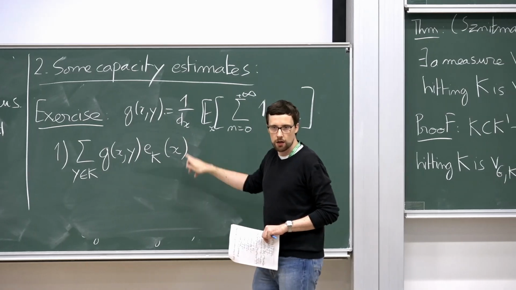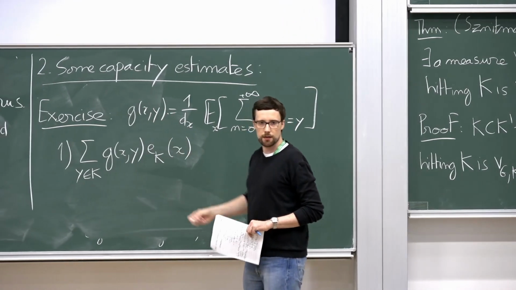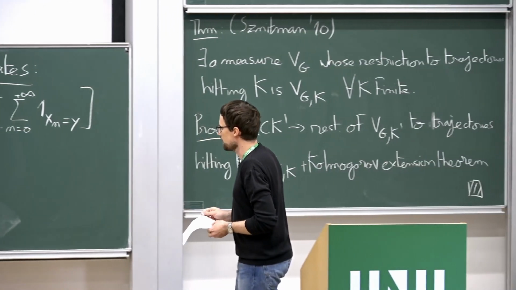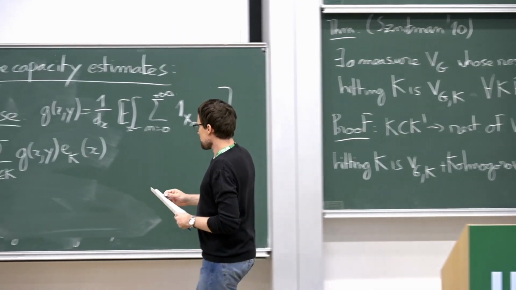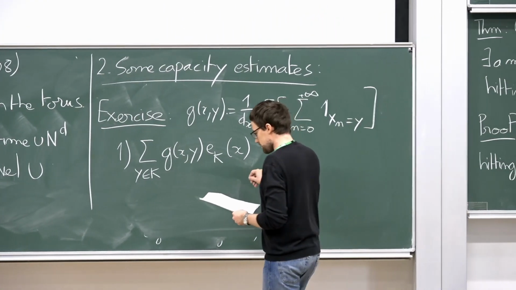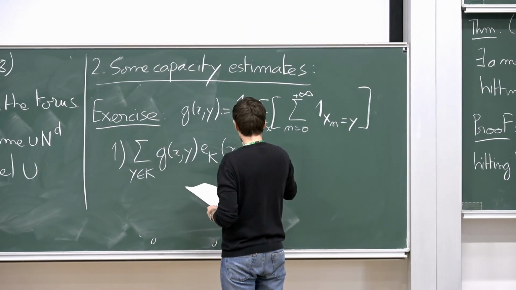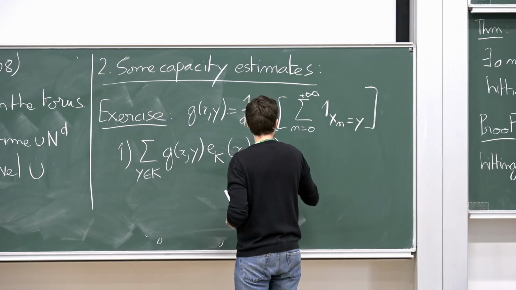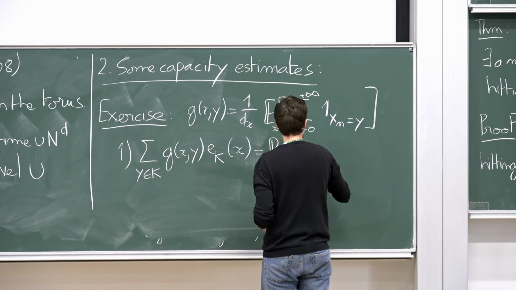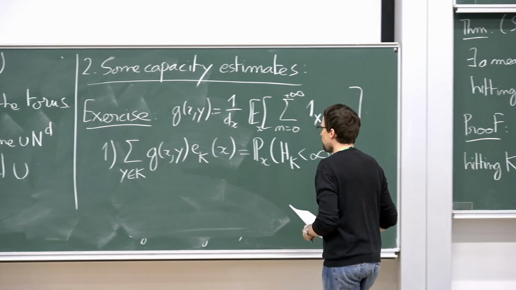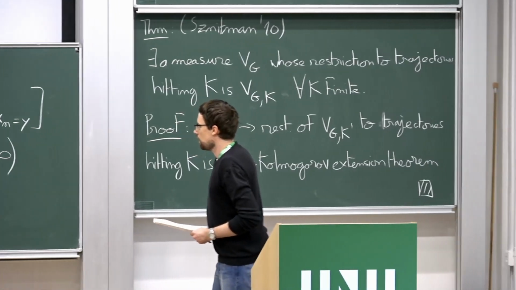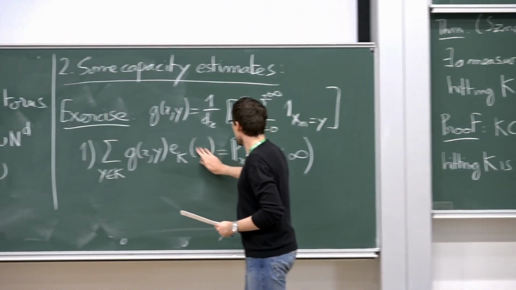This is just a renormalization factor to make sure that I still have a symmetric object at the end. And if you sum your Green function against your equilibrium measure, what you get is your hitting probability of your set K. So this is true for all K and x.